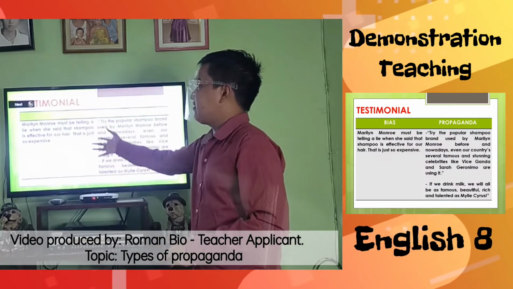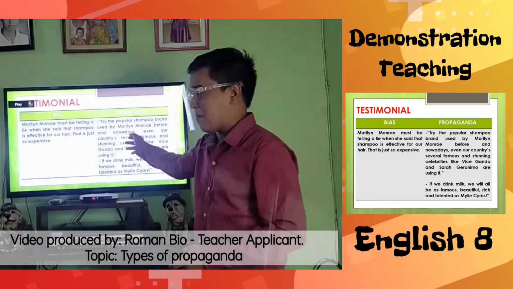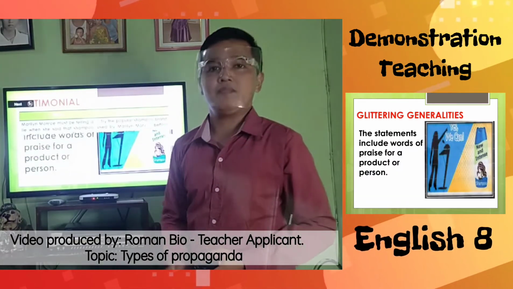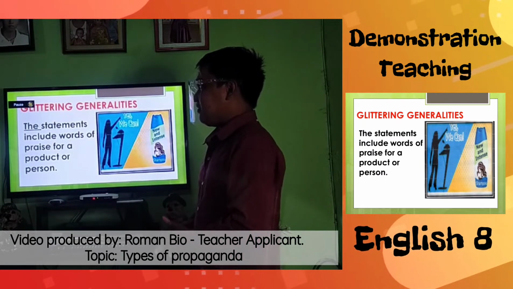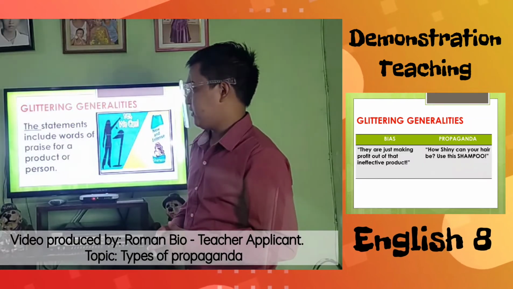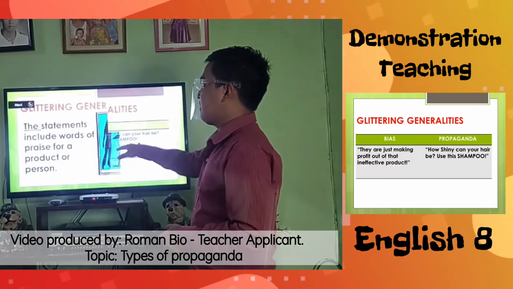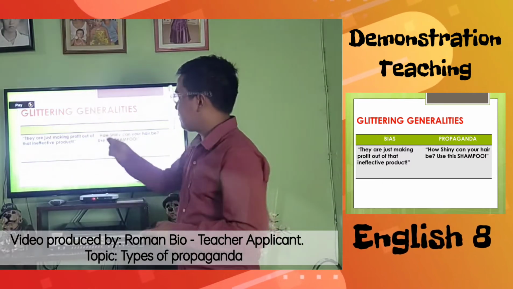So these are the sample testimonial statements for bias and propaganda. Next, glittering generalities. The statements include words or places for a product or a person. So these are the sample bias and propaganda statement for glittering generalities.